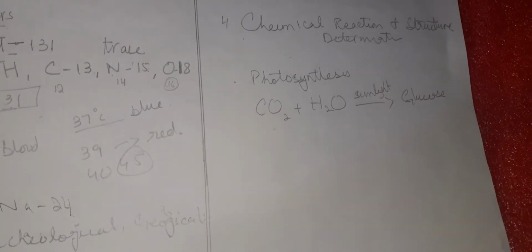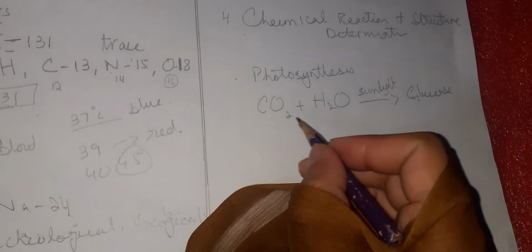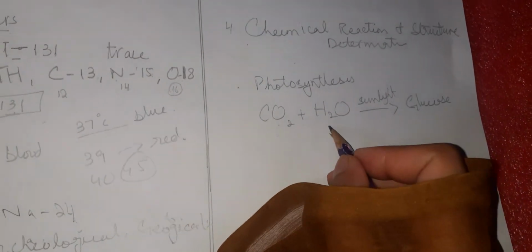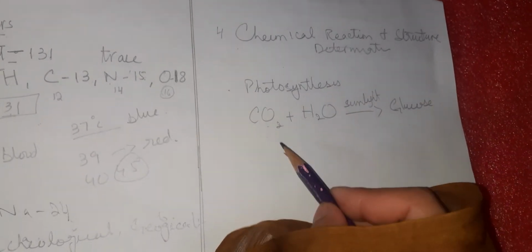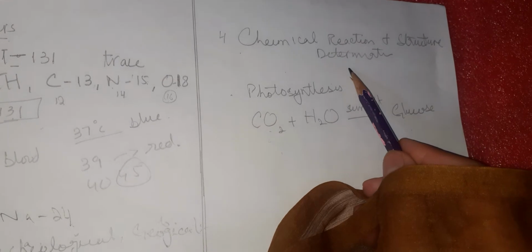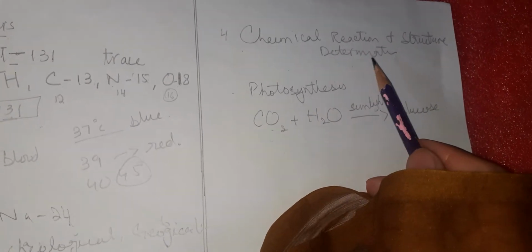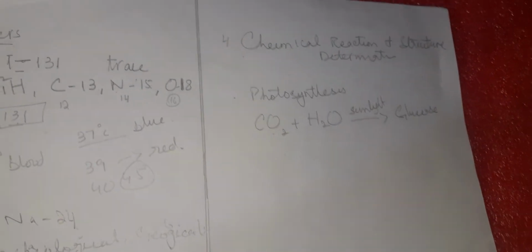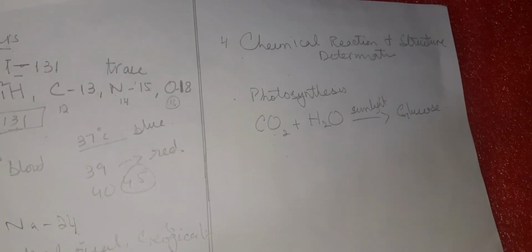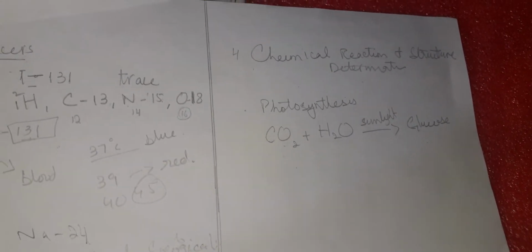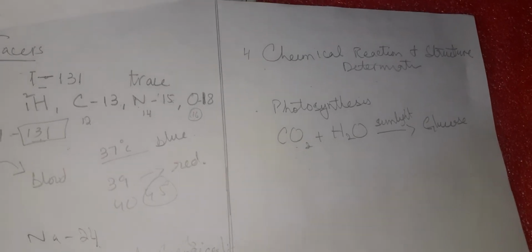So how do this carbon dioxide and water change into glucose? That is with the help of carbon 14. So this means that we can also find out chemical reactions and structural determination with radioisotopes.